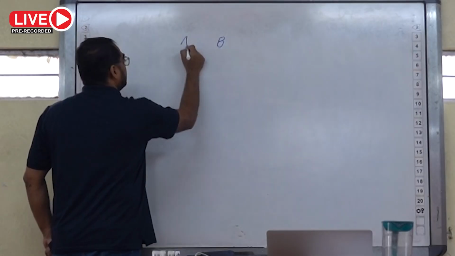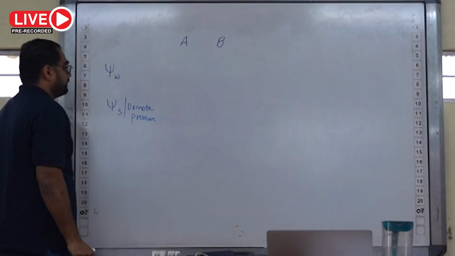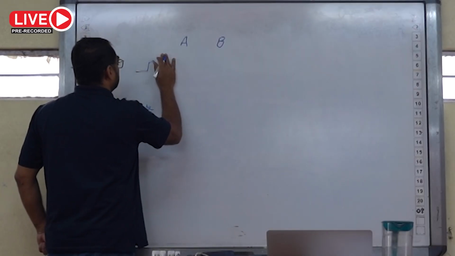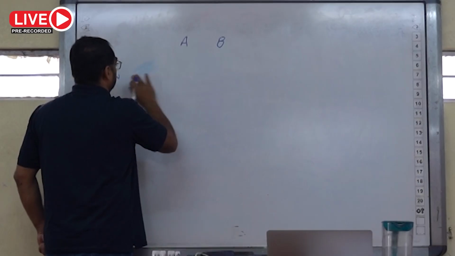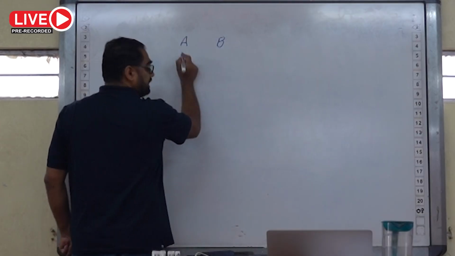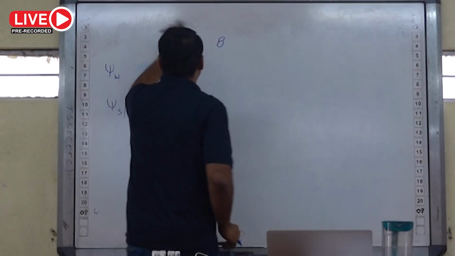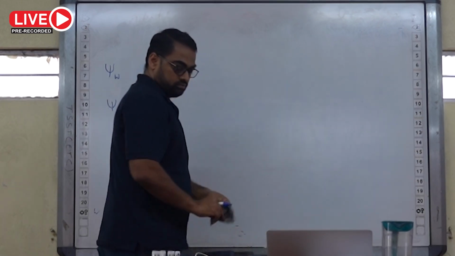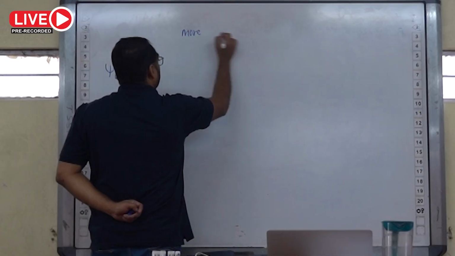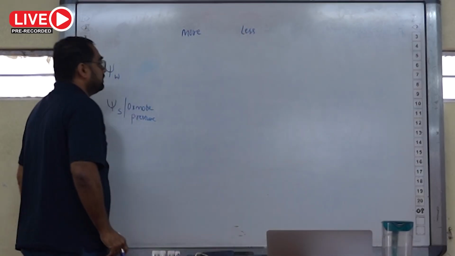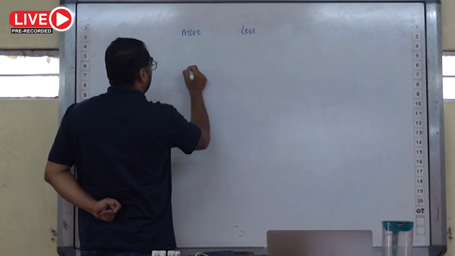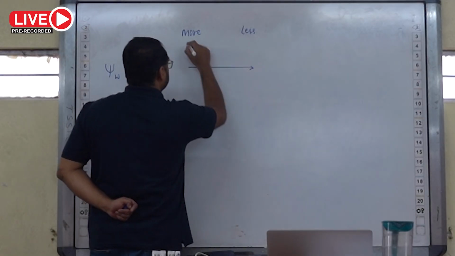So this is system A, system B. Make it high and low, more, less. Movement of water is from higher water potential to lower water potential.